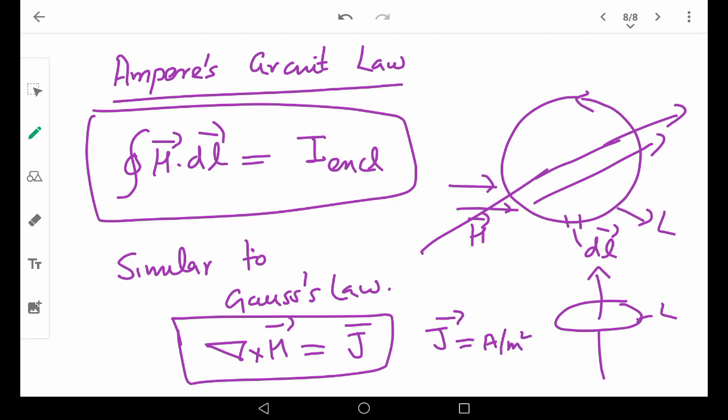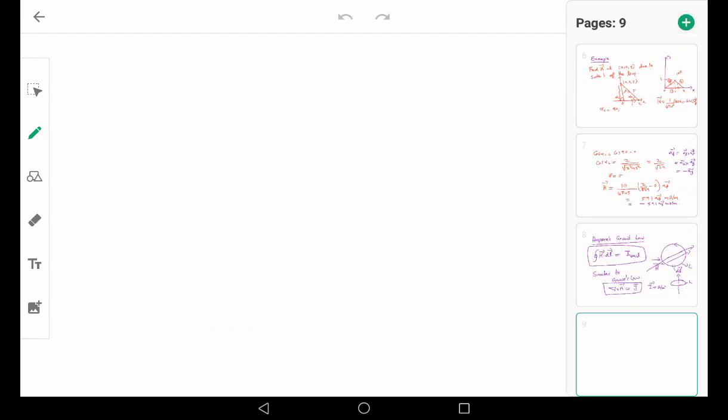So this is the statement of the Ampere's circuital law. Now we will give two examples of this particular circuit law.